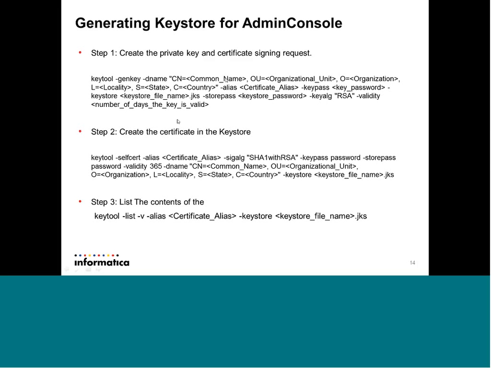The first step creates the private key and the certificate signing request, and the second step creates the certificate and the public key. And the third step is to verify the contents of the key store. All right. So this process completes generating the key store file for the admin console.